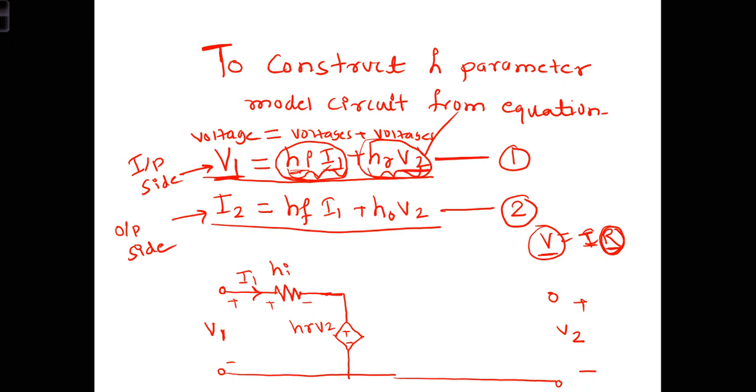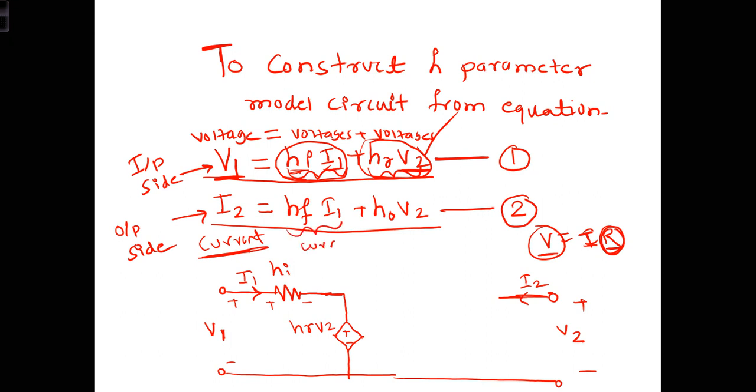Now at the output side, what does it contain? I2. So I2 is actually this current. It is HF into I1 plus H0 into V2. So if you see HF into I1, again I am telling the same thing, this is current. So current should be the combination of two currents.